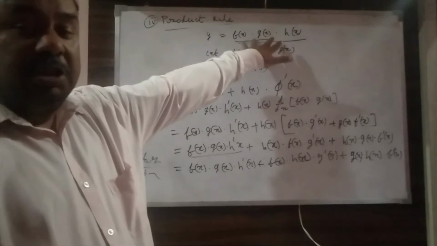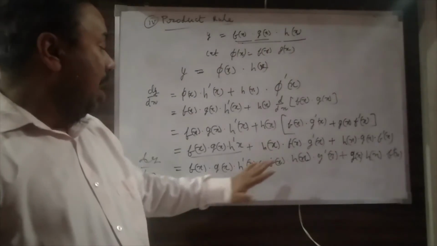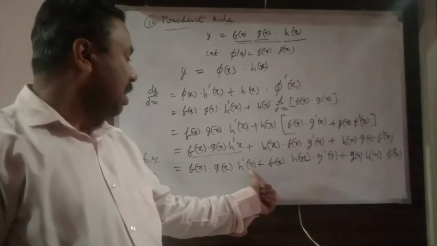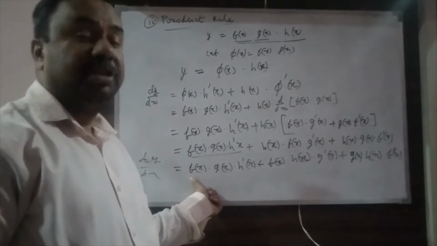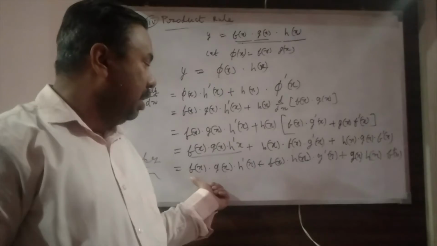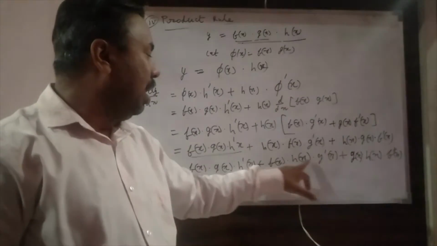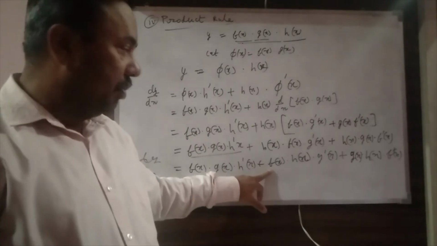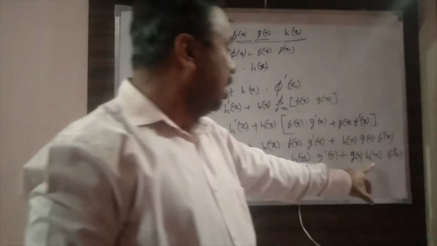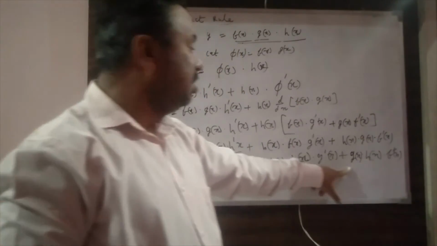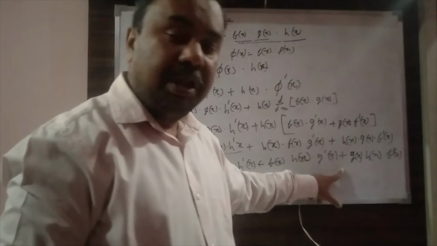It was having three functions. So what I took is I differentiated the first function and took the other two functions as they are. Second term is the second function differentiated, other two functions as they were. In the third, I differentiated the third function and the other two functions as they are.